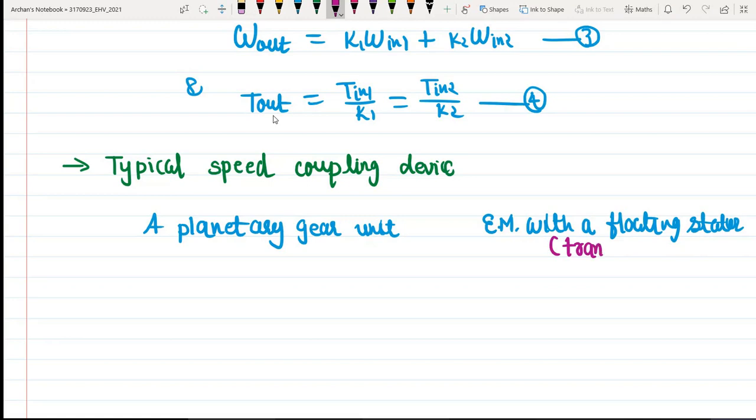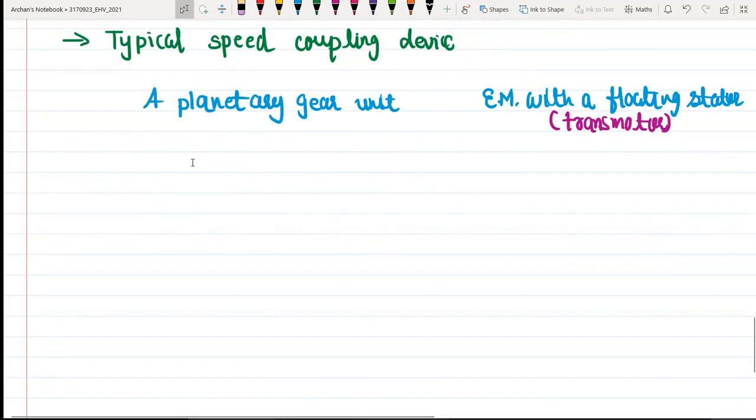Whenever you go through some research paper, you may find this word frequently, transmotor. It is nothing but the motor with a floating stator. So there are two possibilities like this, and we will see each possibility and the values of the constants K1 and K2. Talking about the planetary gear unit now.